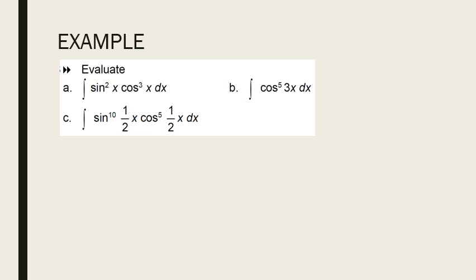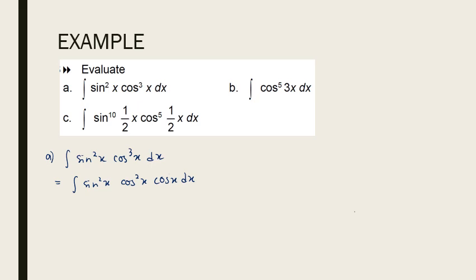So A, integrate sine square x cos cube x dx. The first step is split. Which one to split? Split the one with the odd power. The odd power is cos, so split cos. So integrate sine square x, and this becomes cos square x cos x dx. Done splitting. Then use the identity.